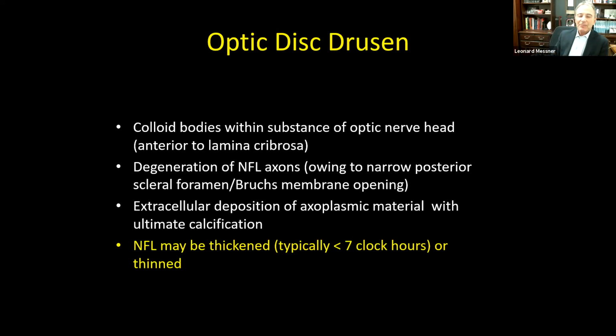Well, typically with optic disc drusen, early on, it may be a little bit thick, but over time, and I can guarantee you this, the nerve fiber layer will thin. And along with that, many of these individuals will show visual field defects with some evidence of progression.